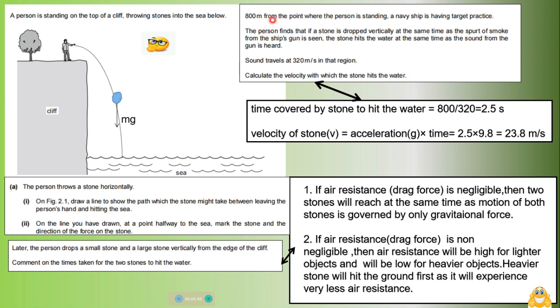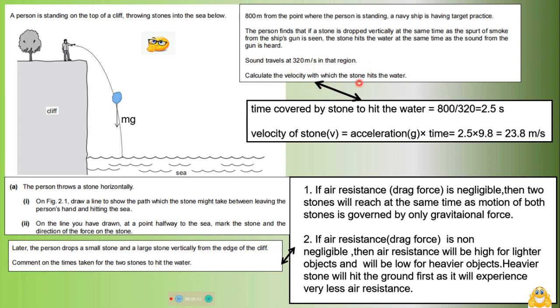Here is another part of this question. 800 meters from the point where the person is standing, a navy ship is having target practice. The person finds that if a stone is dropped vertically at the same time as the spurt of smoke from the ship's gun is seen, the stone hits the water at the same time as the sound from the gun is heard. Sound travels at 320 meters per second in that region.